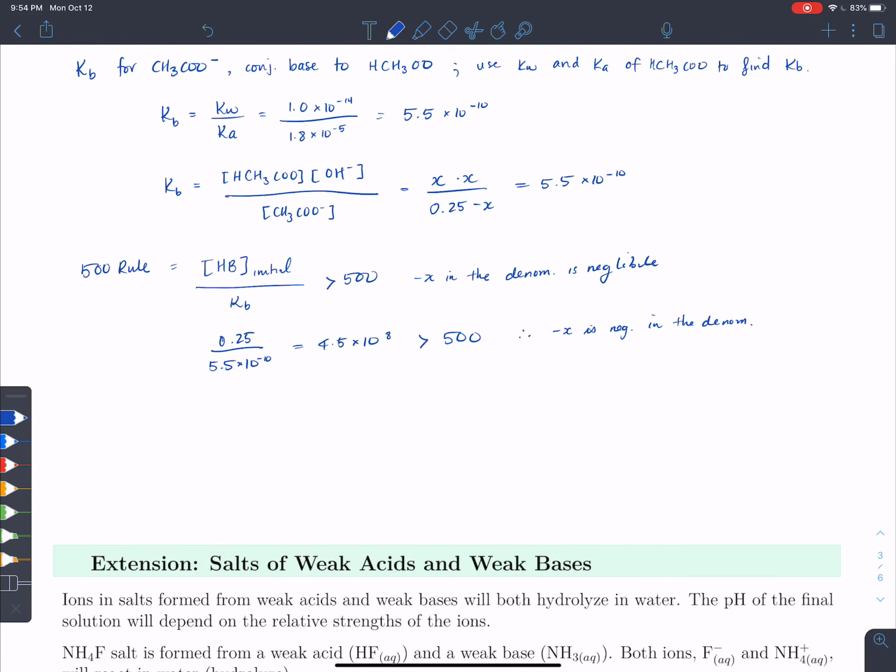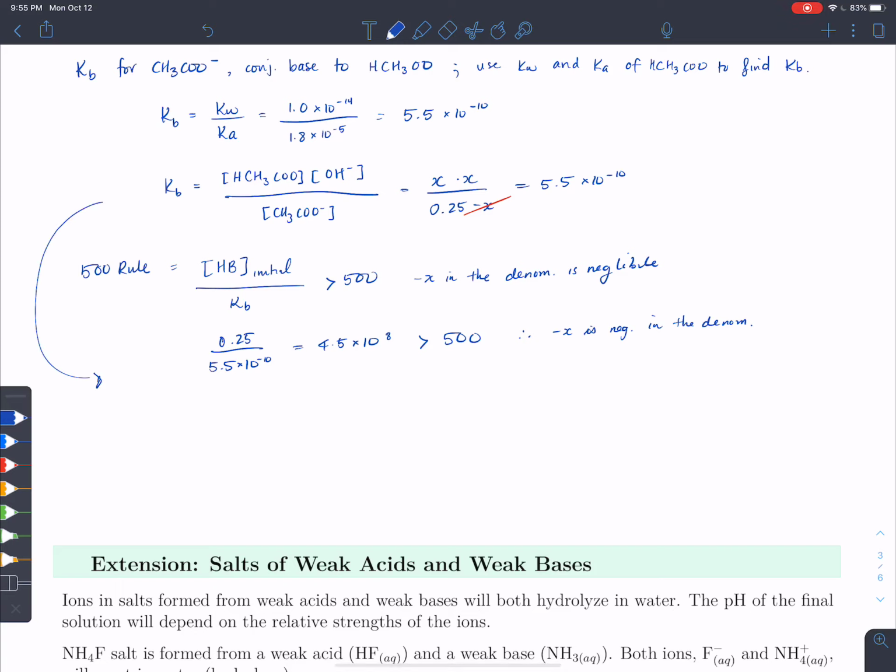So let's try that now. Let's actually get rid of that negative x and let's do the math for our ionization constant of our base. So to continue, our Kb is equal to x squared over 0.25, and we know that that is equal to 5.5 times 10 to the power of negative 10.